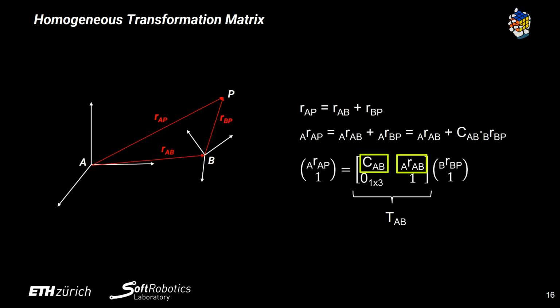For a robot with only rotational joints, the translational change is the link length and the rotational change would be the rotational matrix, which corresponds to the joint angle. Homogeneous transformation matrices are often denoted as T. Here in the example, T_AB is the homogeneous transformation matrix.